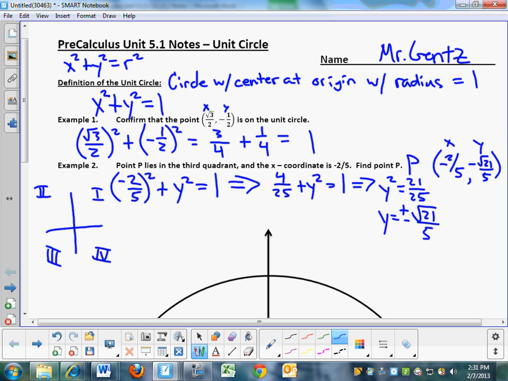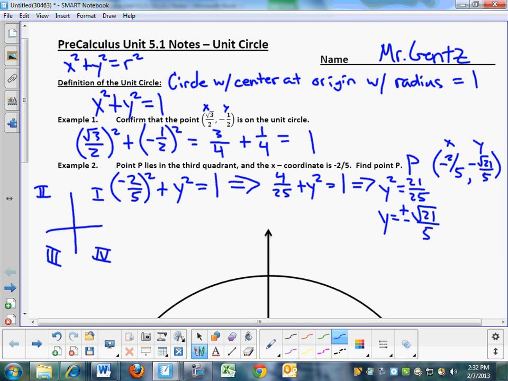Any questions? If they said second quadrant, y is positive in the second quadrant, isn't it? So then you'd use the positive one. And that'll be a reoccurring theme. We'll do that a lot in this class where we have to determine which quadrant we're working in. So if I gave you points, could you determine the quadrants?